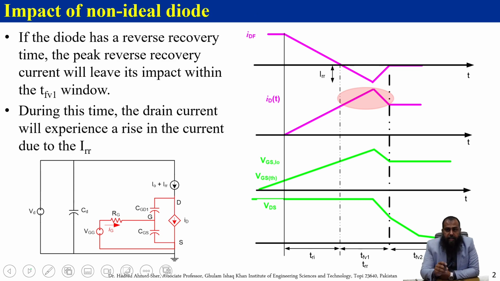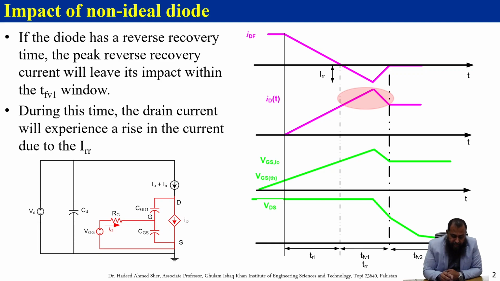So as you can see here, if we have a diode which is not an ideal diode, and therefore exhibits the reverse recovery time and hence the reverse recovery current, then that current will also be reflected onto this MOSFET's performance during the turn on characteristics here.